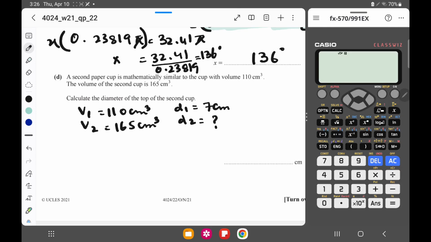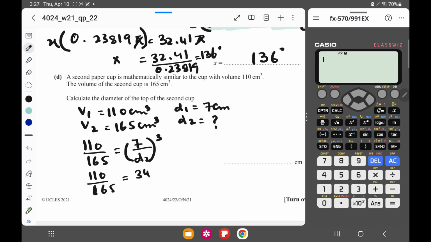V1 upon V2 is equal to L1 upon L2 whole cube. So 110 upon 165 is equal to 7 upon D2 cube. So 110 upon 165 is equal to 343 upon the diameter cube. I'm not writing down D2 now, because it will cause confusion. So D cube is equal to 343 times 165 divided by 110.